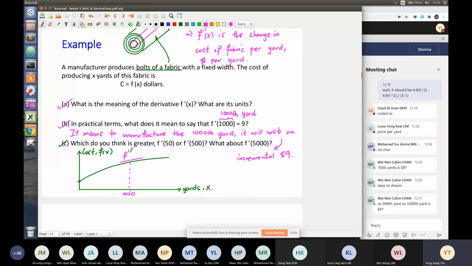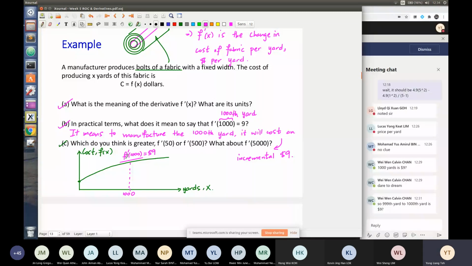It's actually $9. So this is the meaning of saying f prime 1,000 equals $9. Which means if you are at the 1,000 yard already and you want to make an incremental yard, you will need to spend $9. Is that all right? Okay, understand?